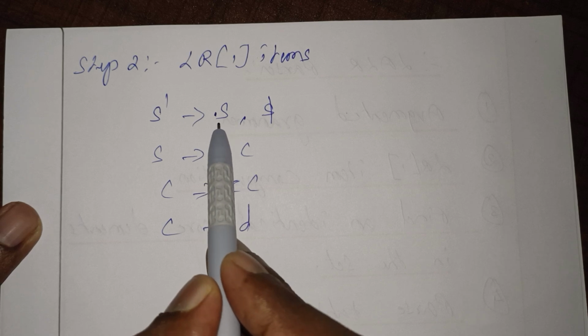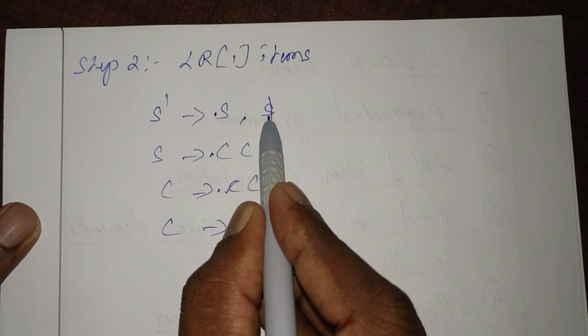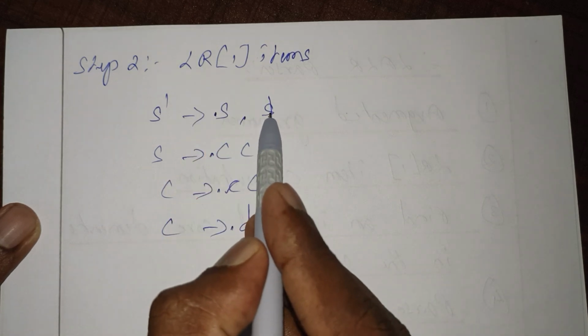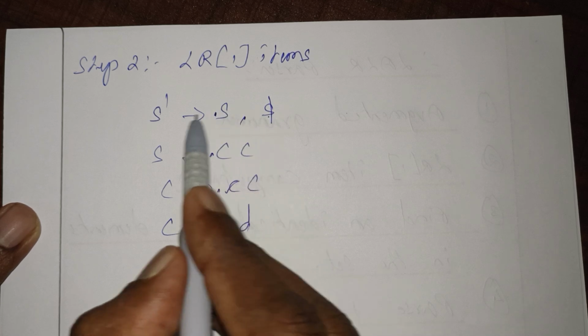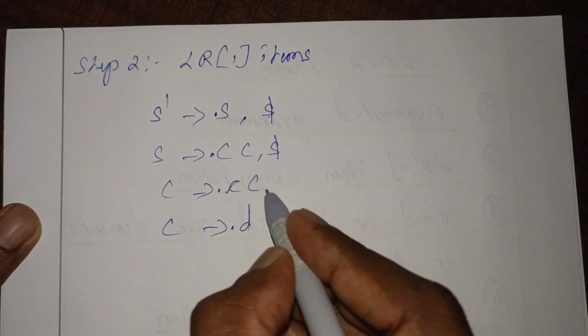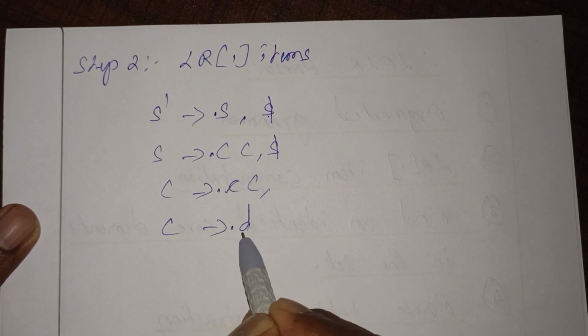This is rule number 1. What does this rule stand for? This dollar is called a look ahead value, that is LR of 1, which is added only for the starting symbol. The starting symbol is S, so it is added here as well as here. Now we have the terminal values small c and small d.